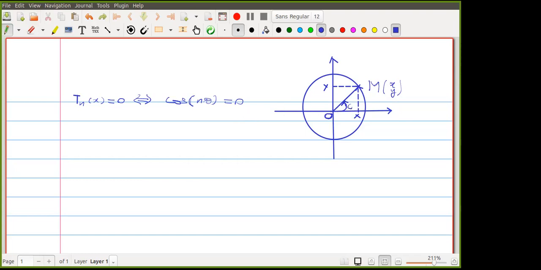Yeah. Theta is that angle. So we see that if you want to compute x, we just project M on the x-axis. So from that, we can write that x is what? x is cosine theta, because the radius of this is 1. So r, the radius, is 1 for the trigonometric circle. So it's r cosine theta, but r is 1. And similarly, y will be r times what? Sine theta.